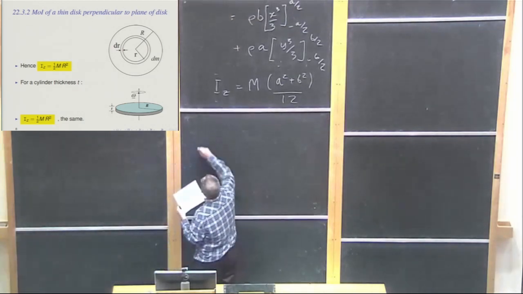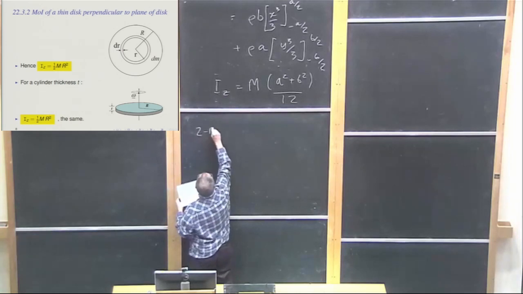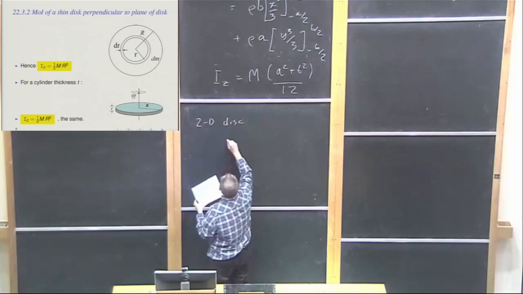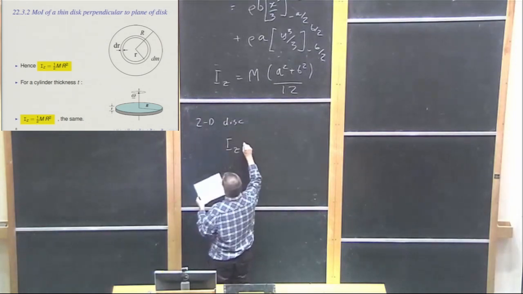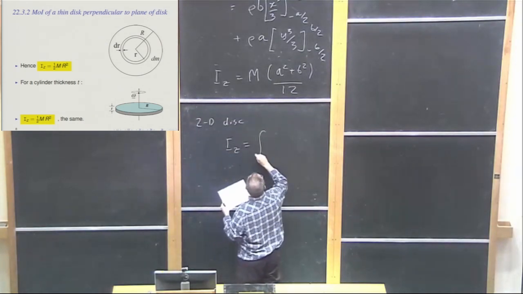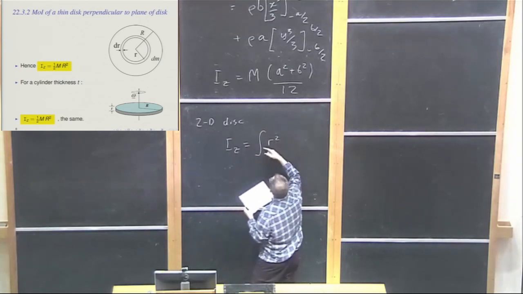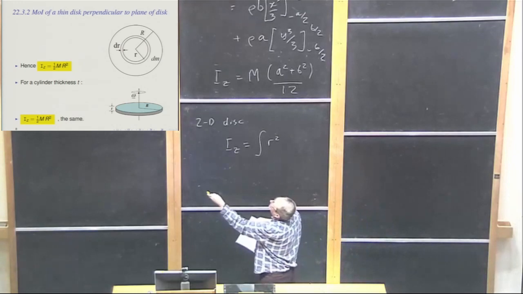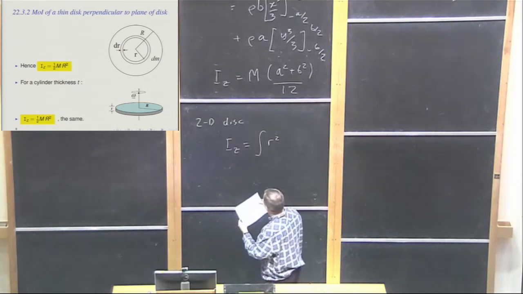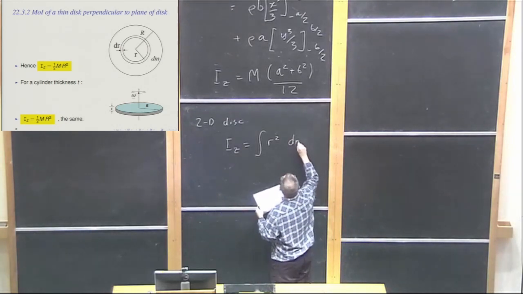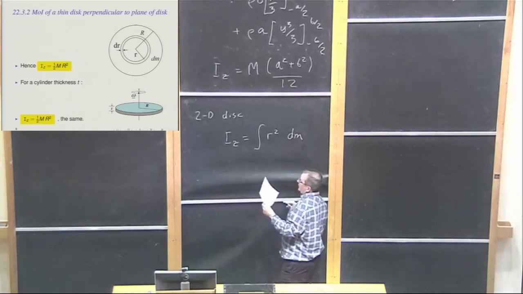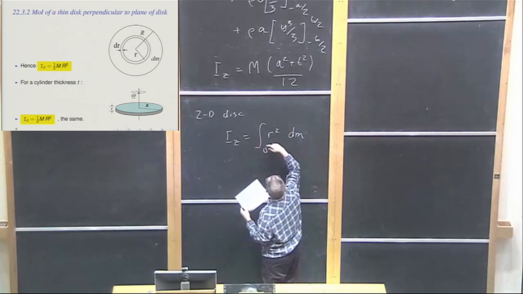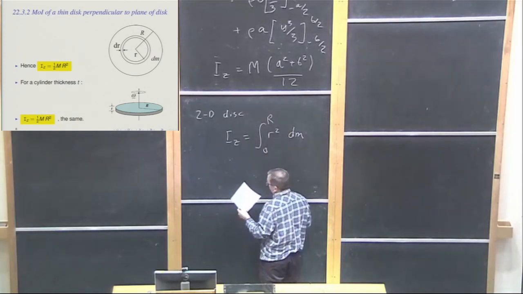Then I z is going to be the integral of r squared dm, where the perpendicular distance is r and the element is this ring here, dm. It's clearly between little r equals 0 and little r equals big R.